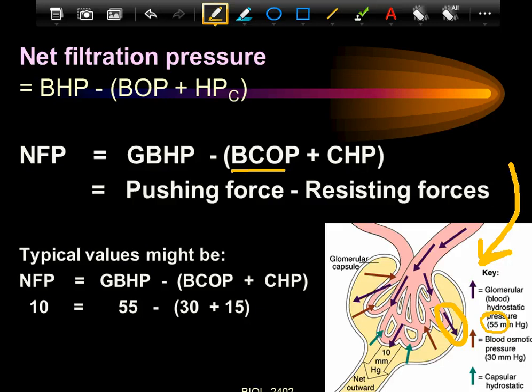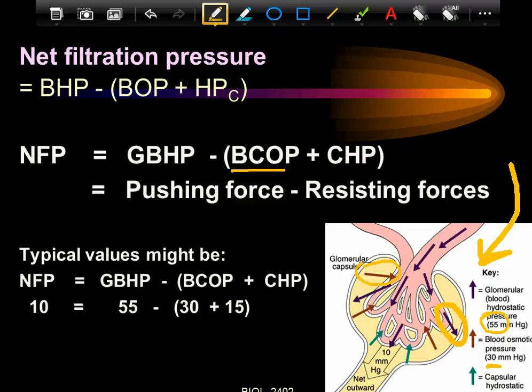It's the exact same thing as what we covered in capillary dynamics. It is the brown arrow that you see here, and this picture says it's about 30. So you can see that the osmotic pressure, again determined by albumins from the liver, is not as strong an inward force pulling fluid in as the outward force of the hydrostatic pressure pushing the fluid out.